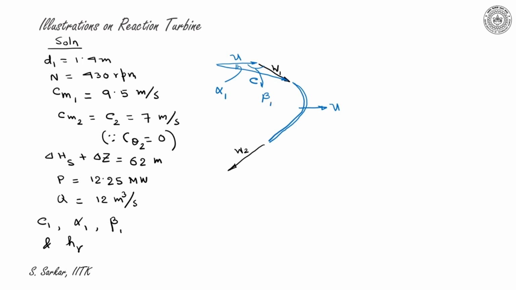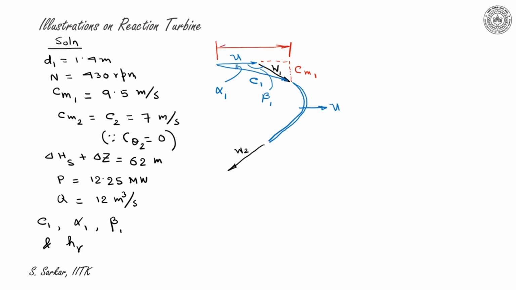Similarly, at exit, if we draw the velocity triangle, U plus W2 would give C2. Swirl component at exit is 0, so C2 must be equal to Cm2.